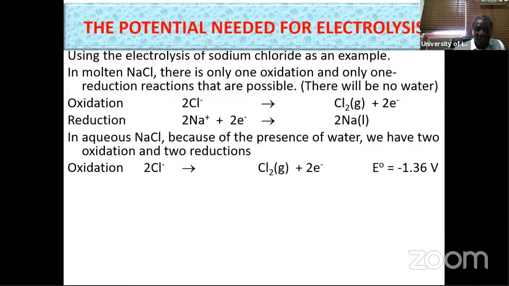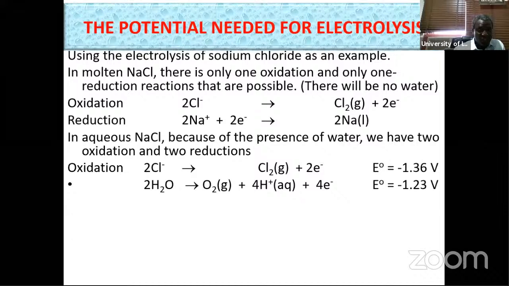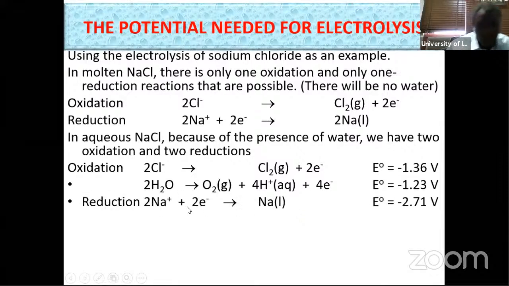But when you have water, now instead of having only chlorine, you also have water going to oxygen plus 4 hydrogen plus 4 electrons. And then for your reduction, you also have sodium, which you have here.